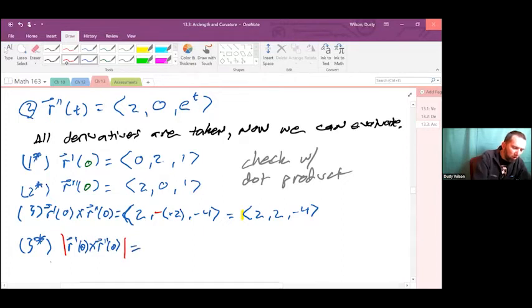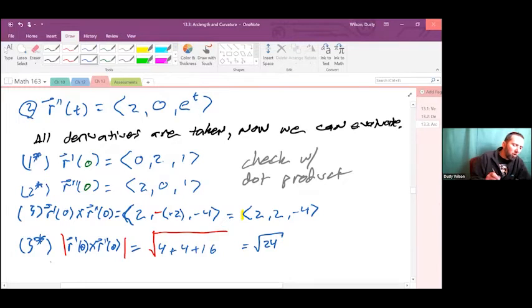So this will be equal to the square root of 2 squared, which is 4, plus 2 squared, which is 4, plus negative 4 squared, which is 16.